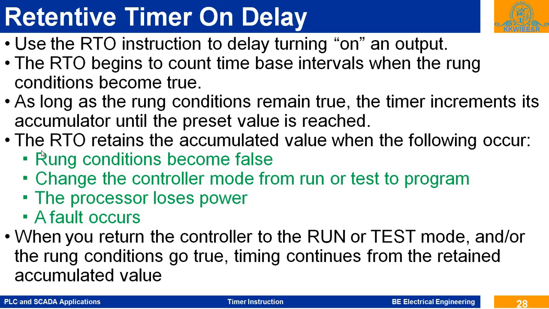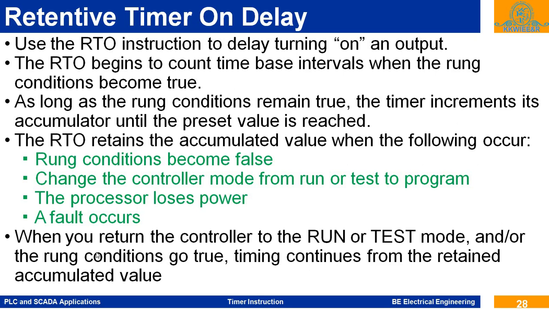Okay, so the RTO retains the accumulated value when the following occurs: the rung condition becomes false, you change the controller mode from run or test to program mode, the processor loses power, or a fault occurs. Okay, it means that because of any of these conditions, when the timer instruction goes false, it will retain the value in the accumulator.